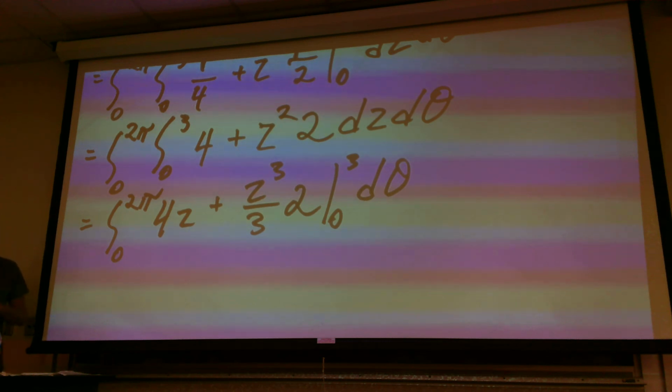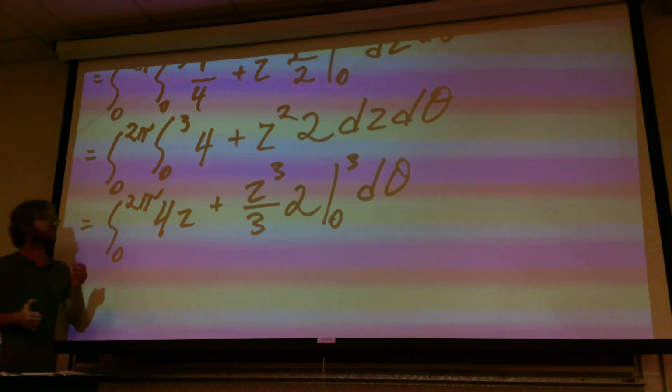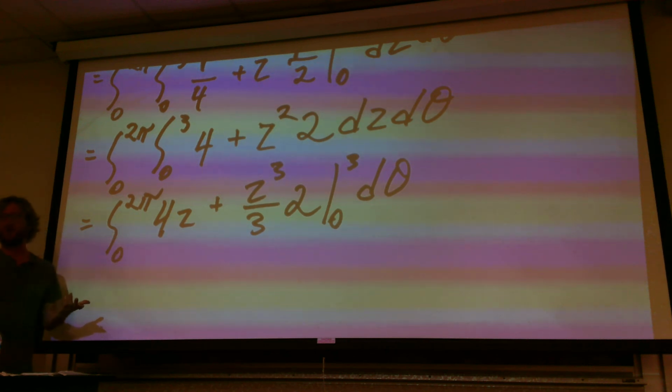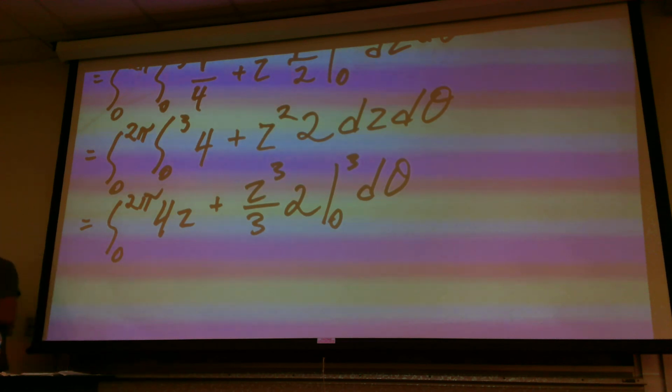Okay, so once again, we don't care about the 0 term. But when we plug 3 into this, 4 times 3 is going to be 12. And then z cubed divided by 3 becomes 3 cubed divided by 3, which is 3 squared, which is 9, and then 9 times 2 is 18.